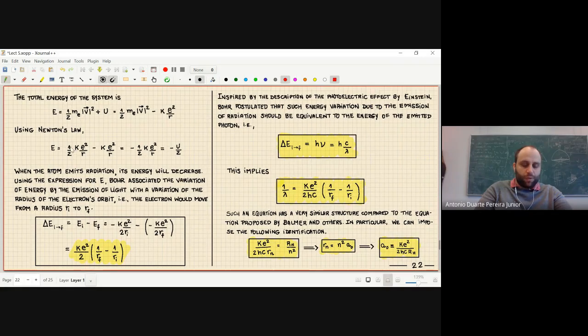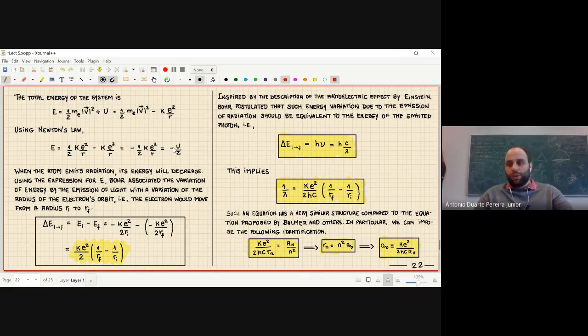Now I can sum these two terms, and this will give minus 1/2 k e squared divided by r. And this minus k e squared divided by r is nothing but the value of the potential energy. So the total energy of this system is minus 1/2 of the electric potential energy. Okay? So I'm just expressing the total energy as a function of U.